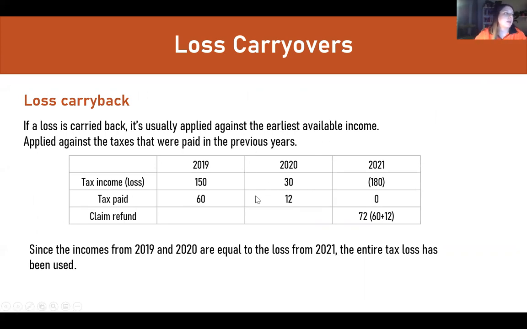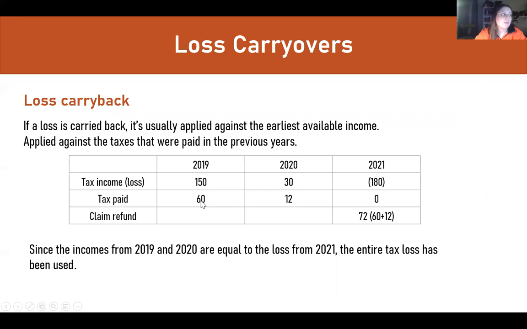So in the example here, I have in 2021 a tax loss of $180. In 2019, I have a taxable income of $150, and in 2020, I have a taxable income of $30. If I add them together, they equal $180, right? So that means that I can claim a refund for the amount of tax that I paid for those 2 years.